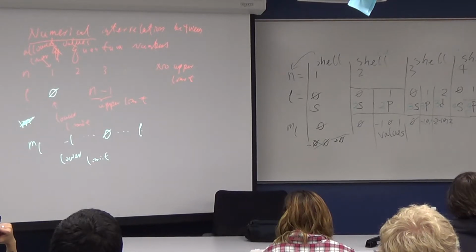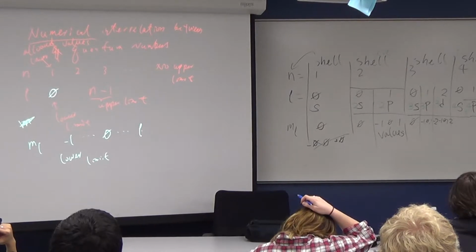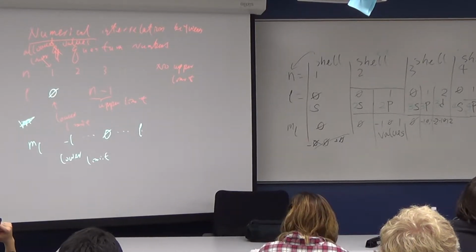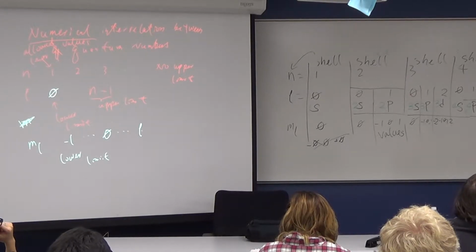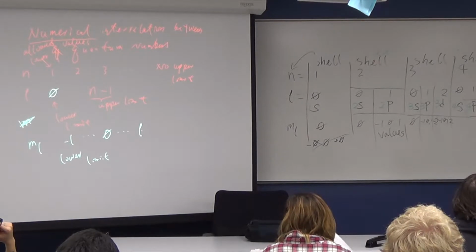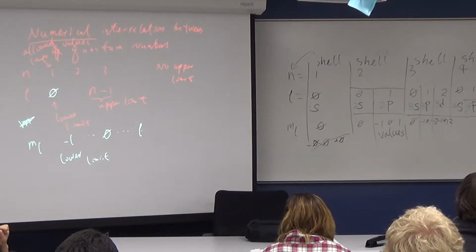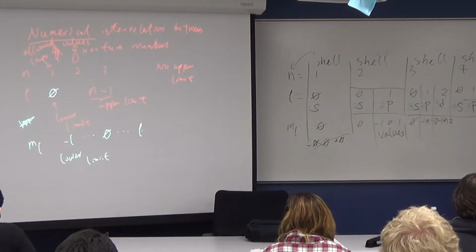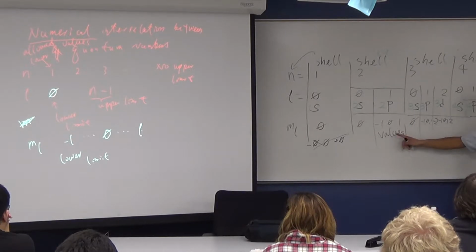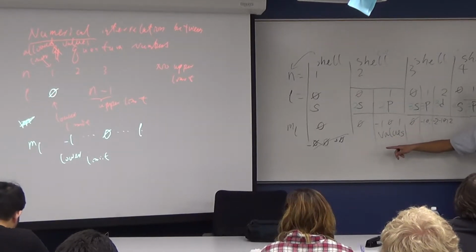Your p orbital can lie like this, or you can just stand it up like that, or you can do it that way. Right, so those orientations. So therefore you have 3 of the p orbitals. No matter what p, you have 2p, 3 of those.